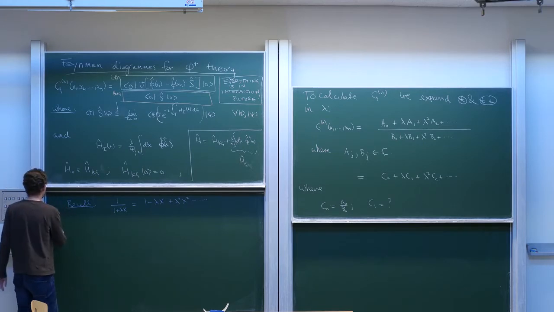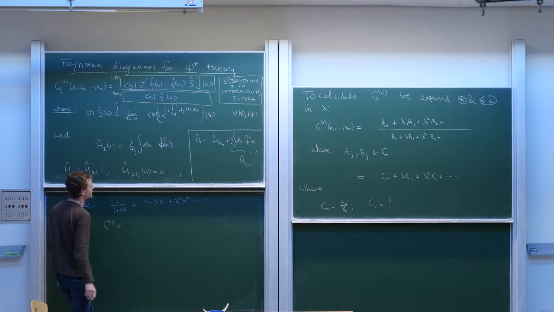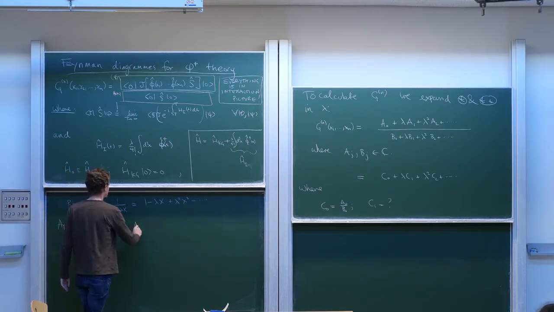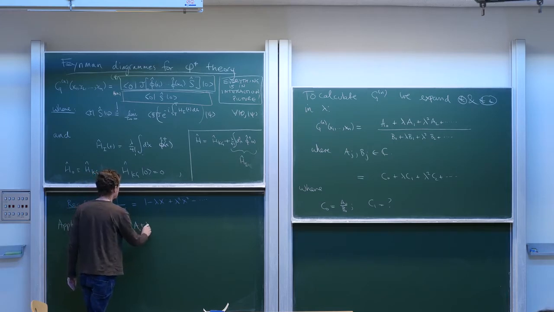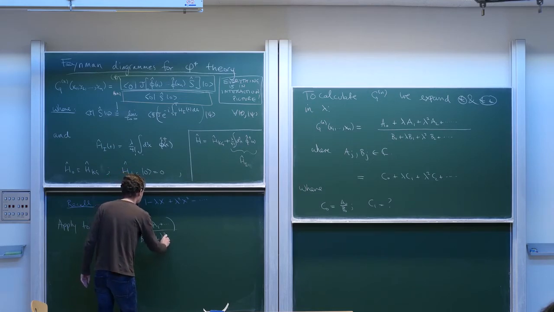So if we apply this to our Green's functions, then we're going to get an expression that looks like this, right? A naught plus lambda A1 on B naught, 1 plus lambda B1 on B naught plus dot dot dot.